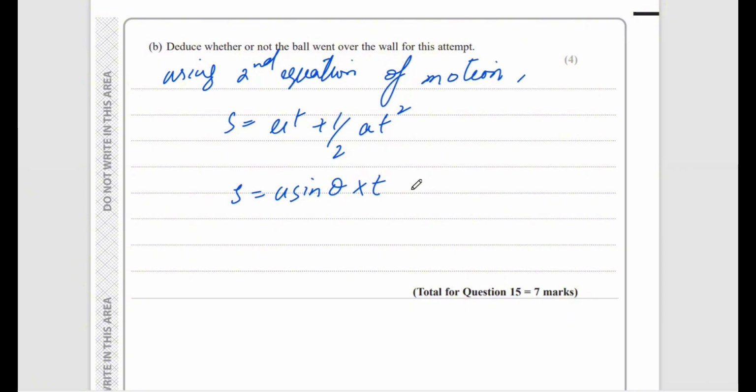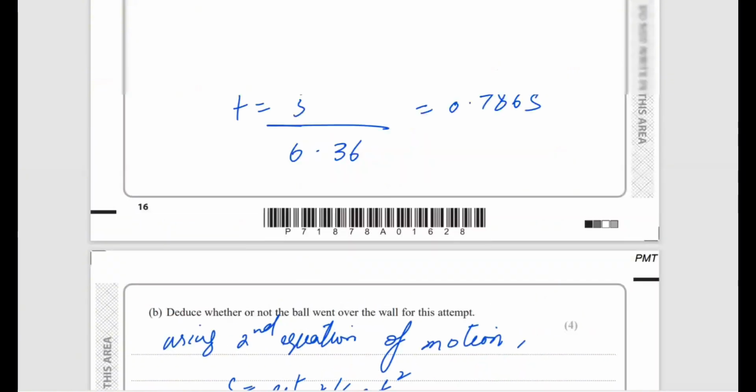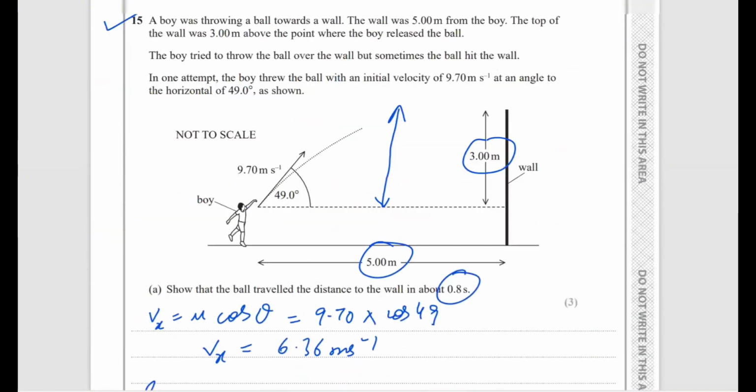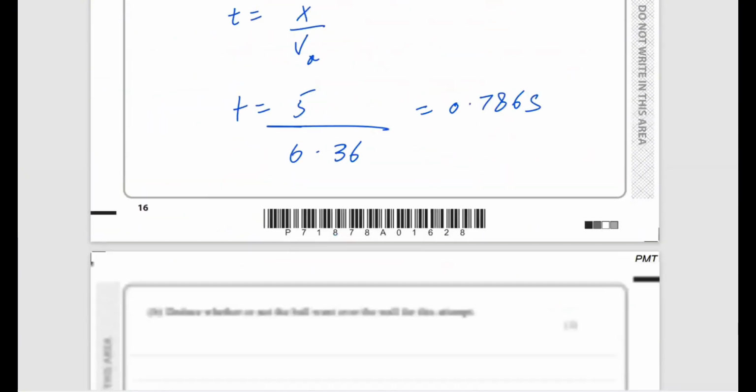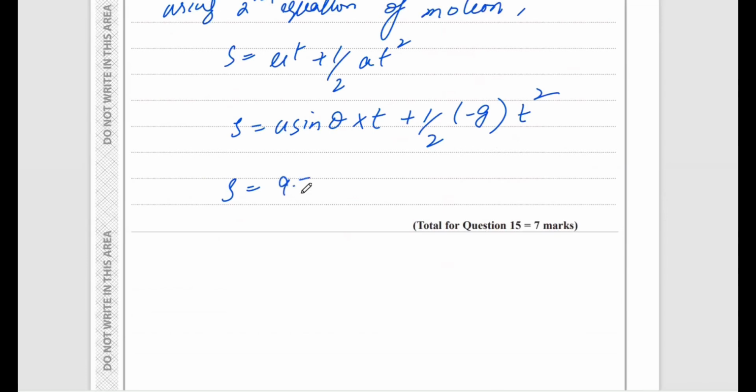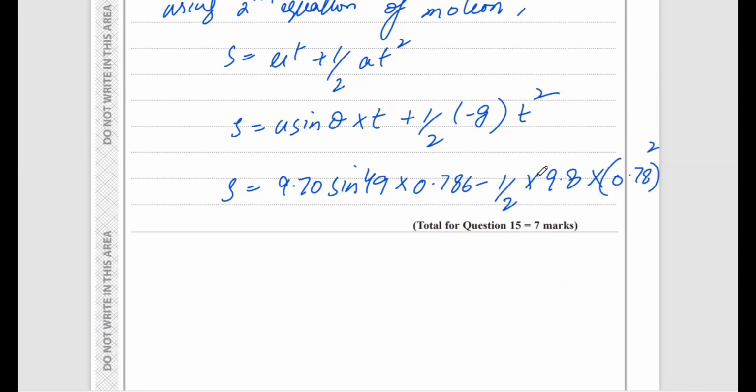And since the ball is going to move up, we have to use plus, but negative half g times t square, right? We'll just plug in the values. The initial velocity was 9.70 and sine 49. So 9.70 times sine 49 times t, where time came out to be 0.786, minus 1/2 times 9.8 times 0.786 square, right? So I've just plugged in the values.